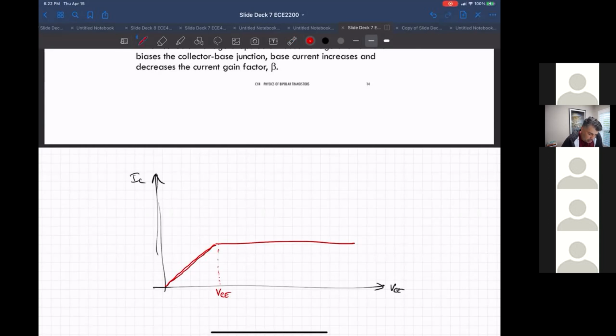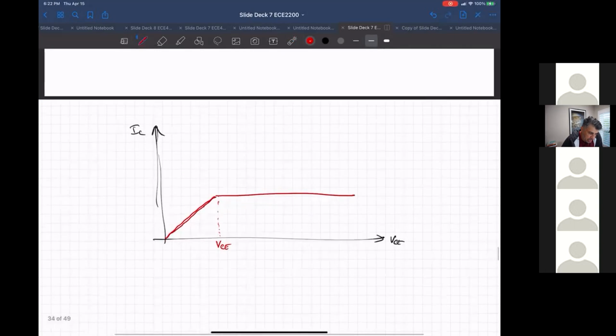Now, we said we want the base collector to be, worst case, at 0. But you can be operating a little bit out here and still have a working device. It doesn't immediately roll off.